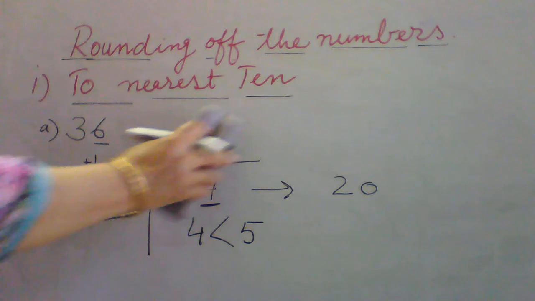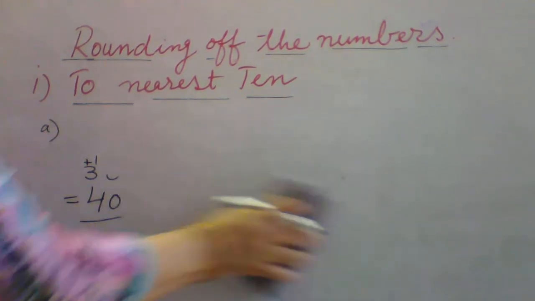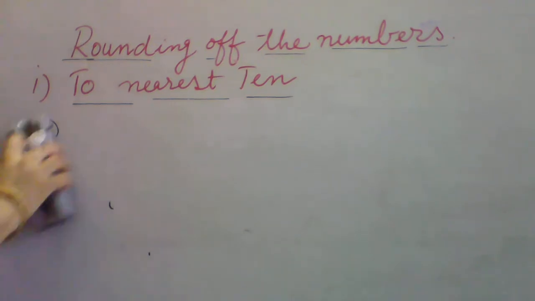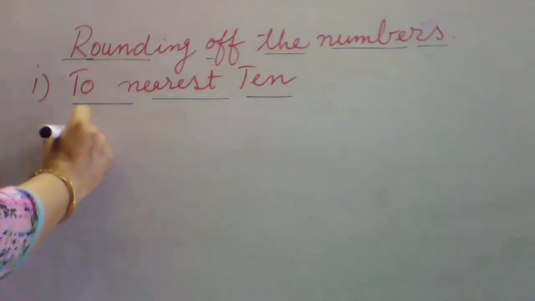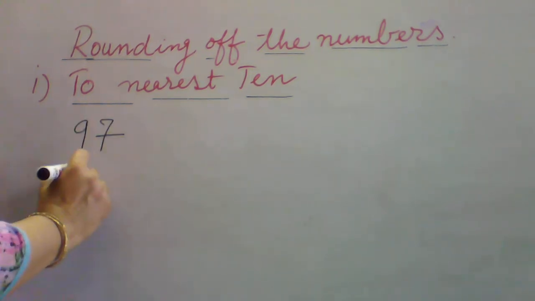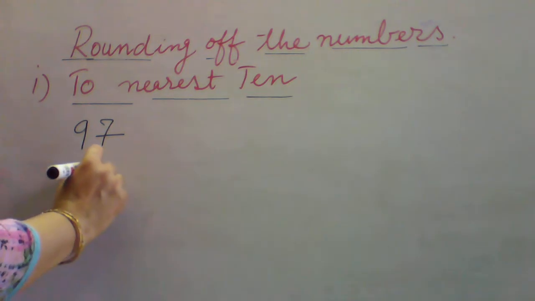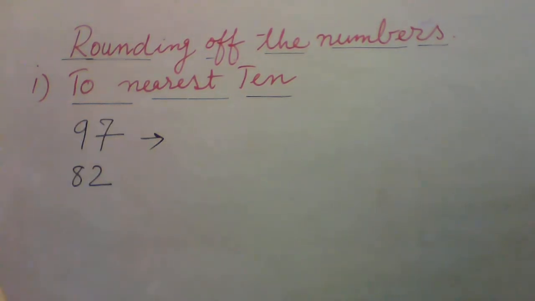Now some other examples I will take and I will explain to you. I am taking here 97, then 82. If we have to round off 97 to nearest 10, how will 97 change?